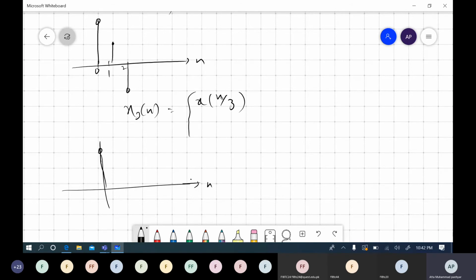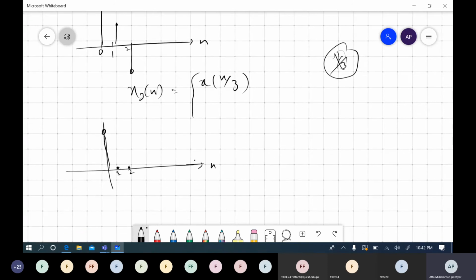When n is 1, then 1 divided by 3. Can we define a discrete time signal at 0.3? Because our discrete time signals always exist on integer values. This is not an integer value. So at 1 this signal is 0. At 2 this must be equal to 2 by 3, and at 2 by 3 again our signal is not defined. So at first index it's 0, at second index it is 0.